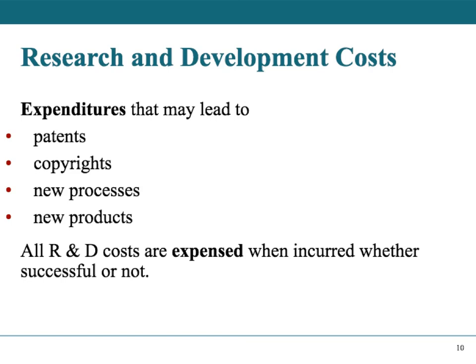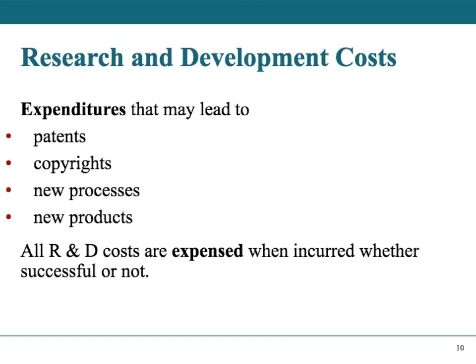Okay, so R&D, research and development. Those are expenditures, right? Not expenses or costs. Expenditures are very similar to costs. They may lead to a patent or copyrights or a new process or new product, but we don't know for sure if they will or not.